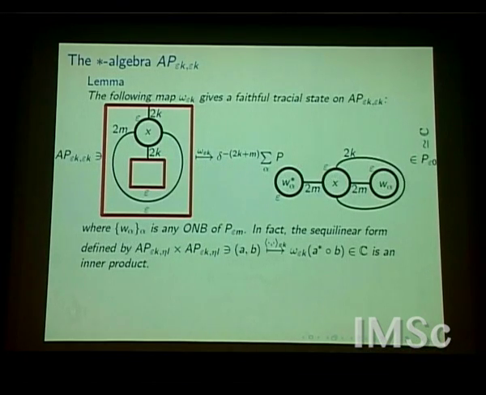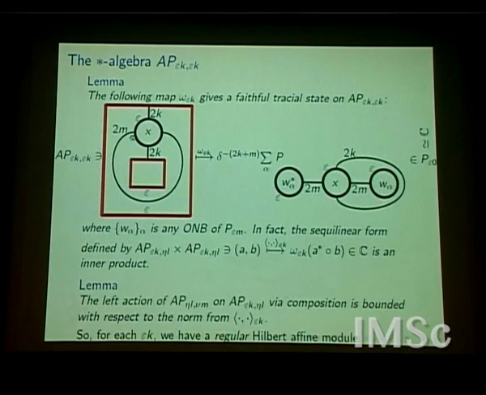So, the first thing which we got is a faithful tracial state on this star algebra. How is this defined? A typical element of AP epsilon k looks like this, psi of that. You have a label x coming from the planar algebra vector space P, and you have strings around the internal disk, and you want to send it to the complex numbers.